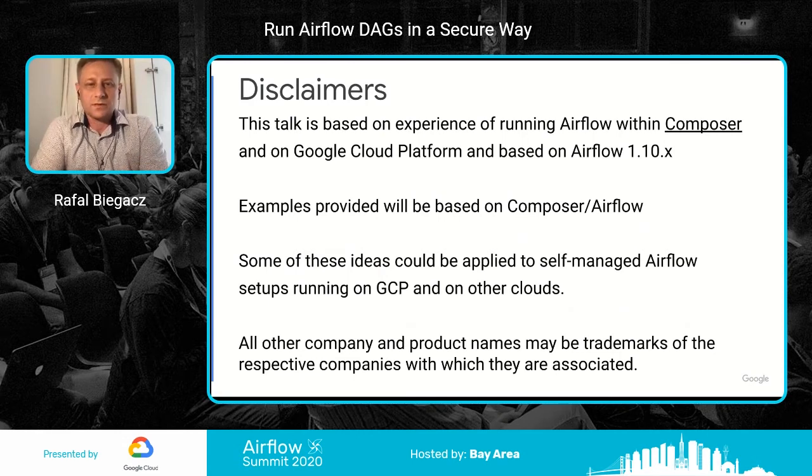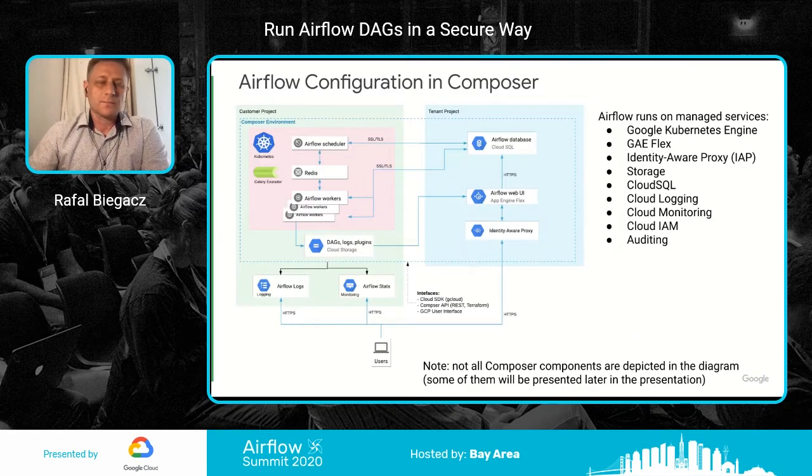Examples will be provided based on Composer and Airflow, but many of those ideas could be applied to self-managed Airflow setups that you could run on either GCP or on other clouds. During this talk, I might mention some company and product names, and of course, those names are trademarks of the respective companies.